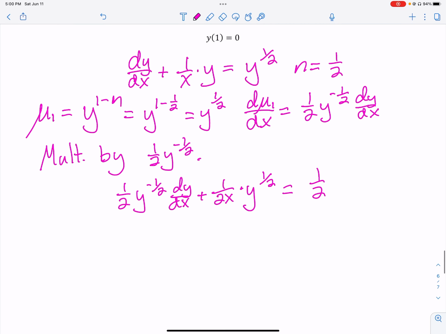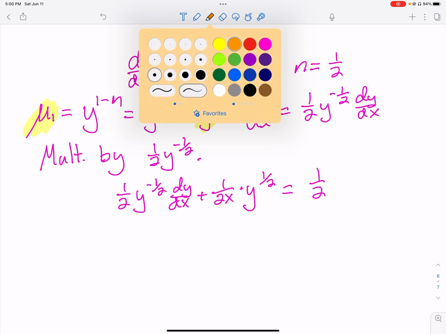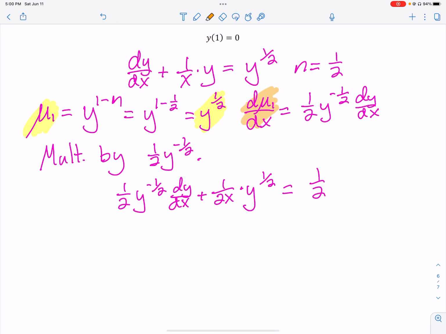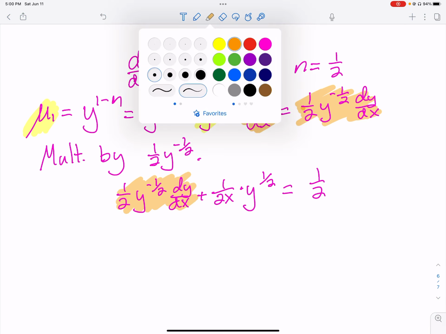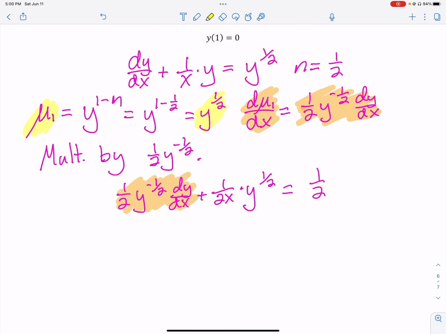All right, now we can replace with things that we have. I'm going to highlight some stuff here. We know that mu1 is equal to y to the 1/2. We also know that d mu1 dx is equal to that whole thing. So notice that this is here, and the other one is here.